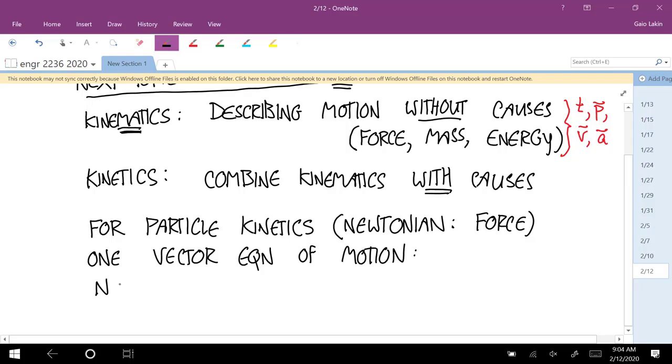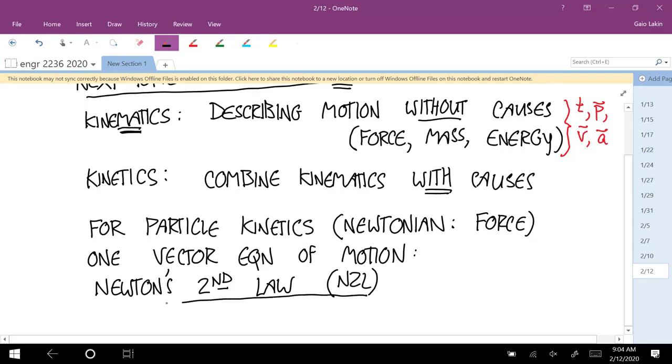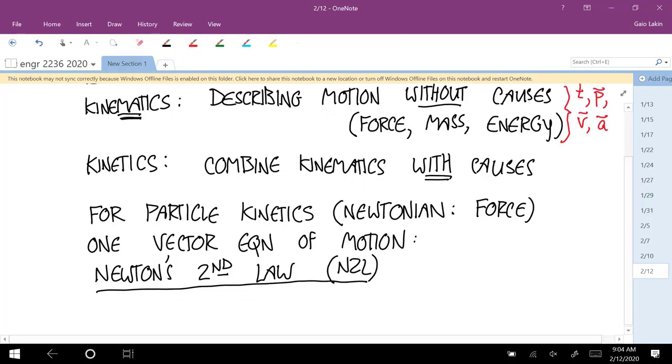And that's Newton's second law. I'll abbreviate that N2L. And by equation of motion, I mean an equation that relates the kinematics to the causes. So if you're given the causes of the motion, you can figure out what the thing is going to do.